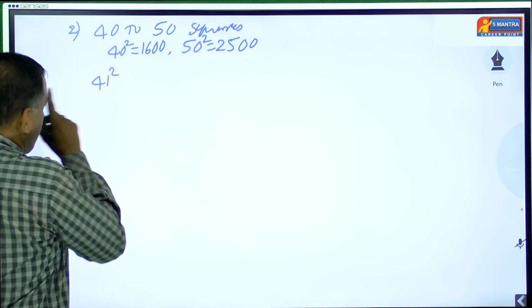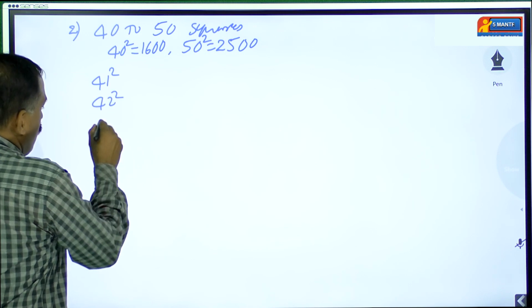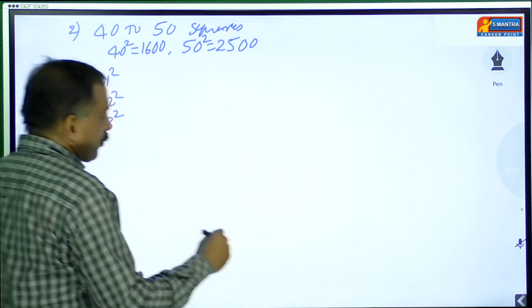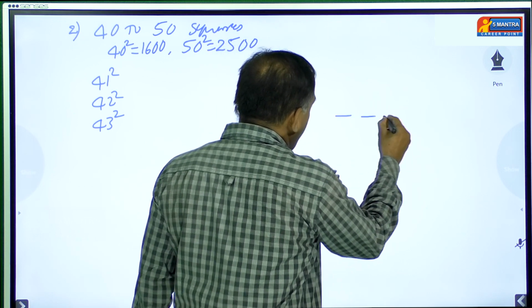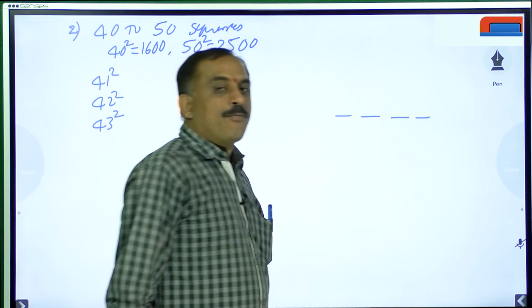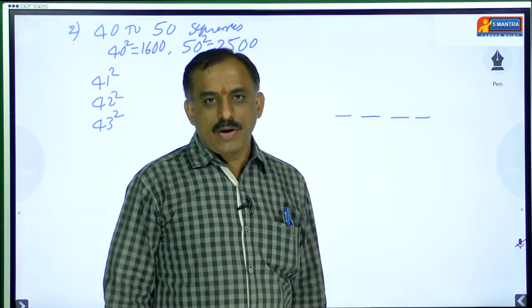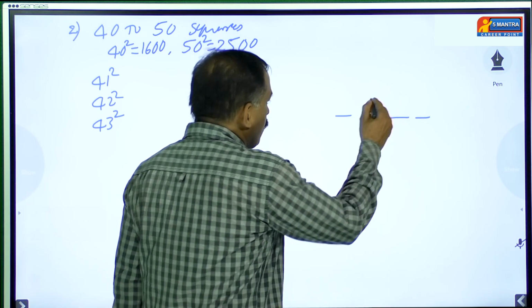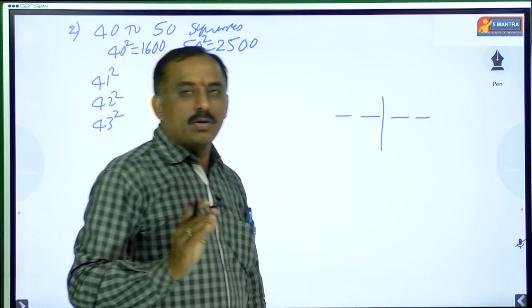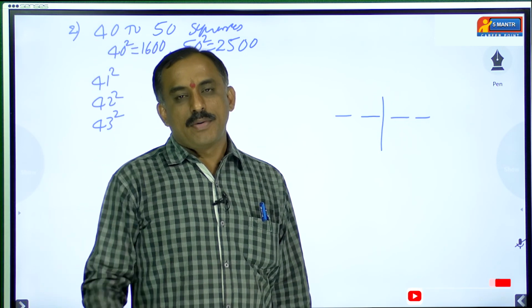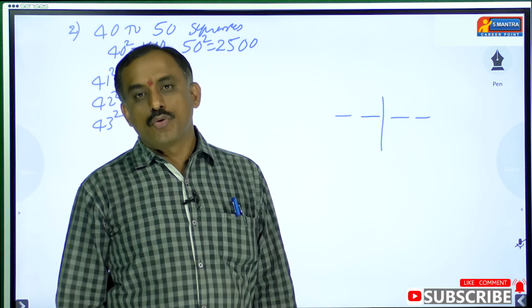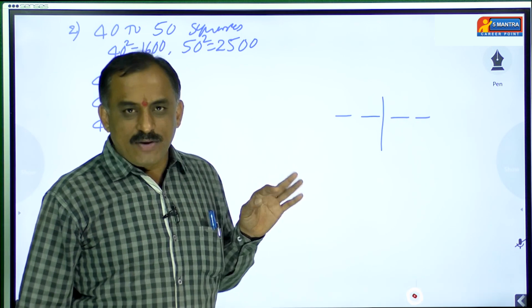See here, 41 to 49 square is also a 4-digit number. Divide into two parts. First part is a 2-digit number. Second part also 2-digit number. What is the first part?